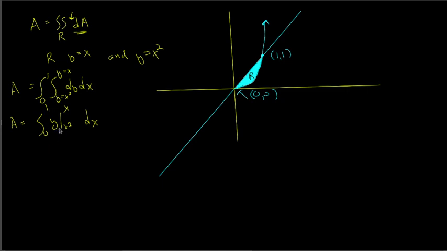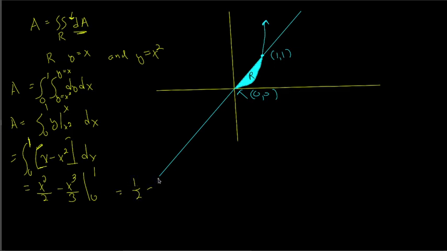And when we do that evaluation, it's going to be x minus x squared dx, evaluated from 0 to 1, which is x squared over 2 minus x cubed over 3, evaluated from 0 to 1, or 1/2 minus 1/3, or 1/6.